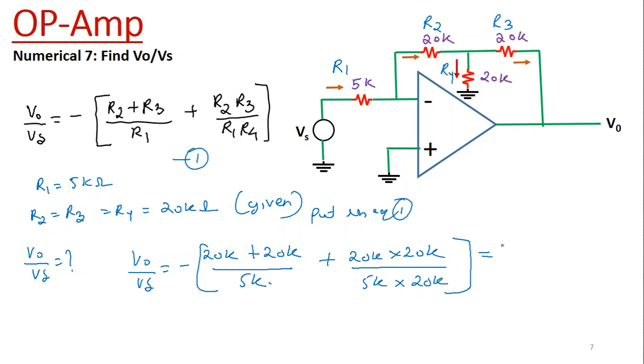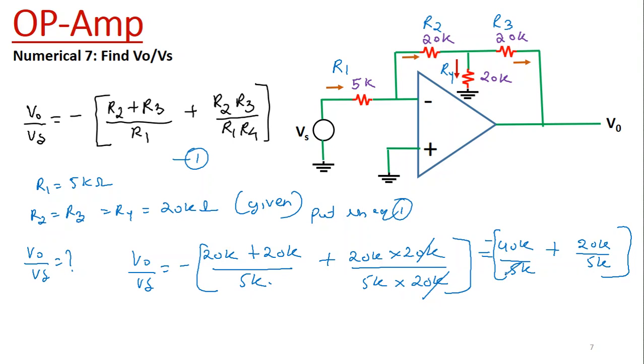Now from this equation we can see that 20 plus 20 is equal to 40k divided by 5k, negative sign outside, then plus, you can see this is also 20k and this is also 20k, so these values get canceled out and we get 20k divided by 5k here.